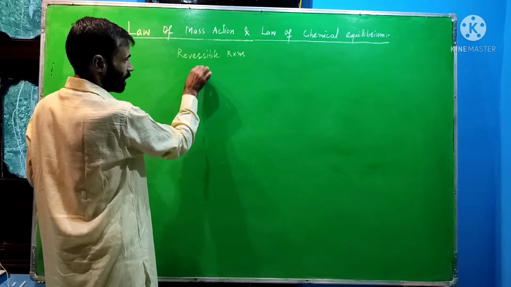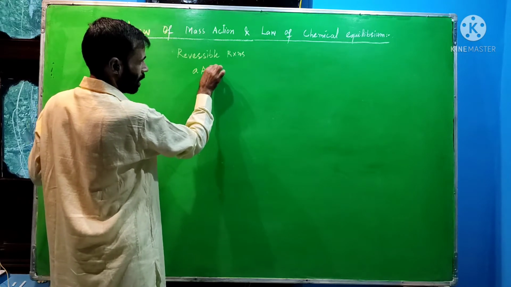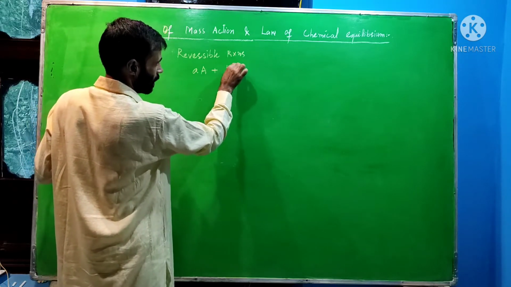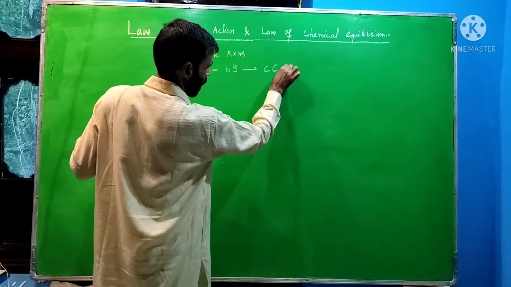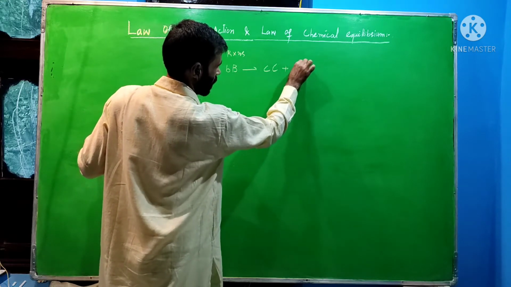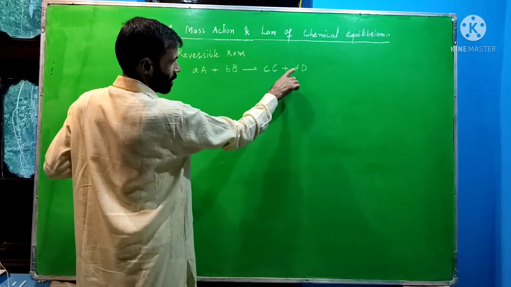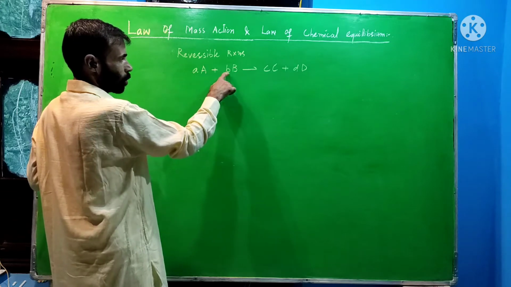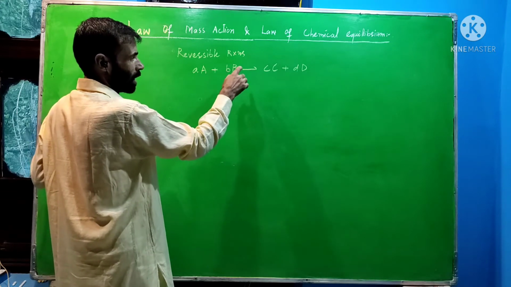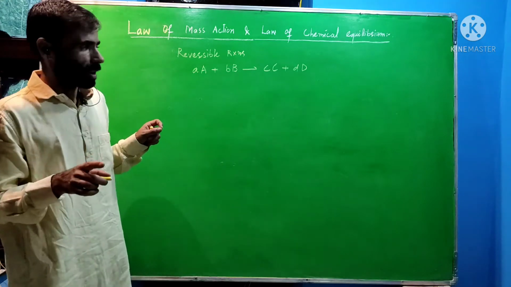For example, we have this reaction: aA and bB give cC plus dD. These are the products, these are their stoichiometric coefficients, these are the reactants, and these are the coefficients involved within the balanced chemical equation.